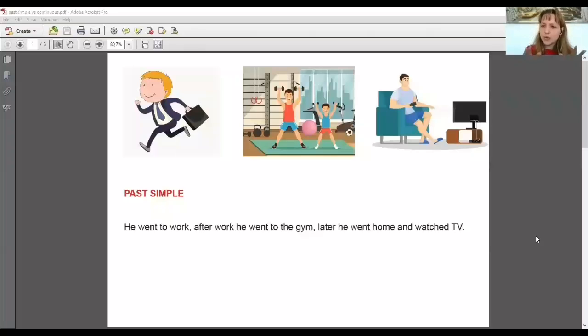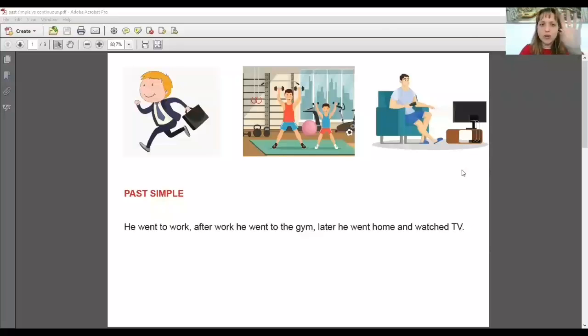We usually use this one to talk about an action happening after another action. It's like a timeline, one after the other. So in this case, we have somebody's day, and we say that he went to work. After work, he went to the gym, and later he went home and watched TV.